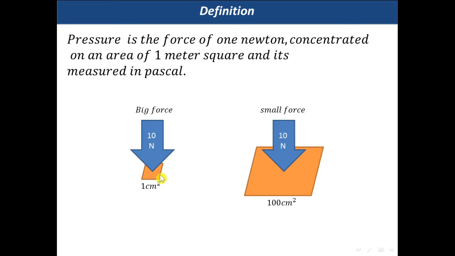So when the area is small, you can feel the force more intensified than when the area is big. When they are the same force, of course, you can make this force here greater, like 100 Newton. Of course, you will feel more force here.